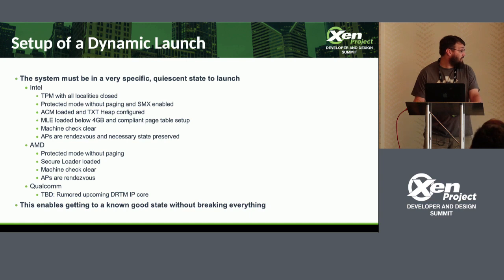There's Intel, AMD, and Qualcomm, which I put in here because there's a rumor that they have a DRTM coming up, so it'll be very interesting to see how they're handling this. But the key point here is that this enables you to get to a good state to begin everything.